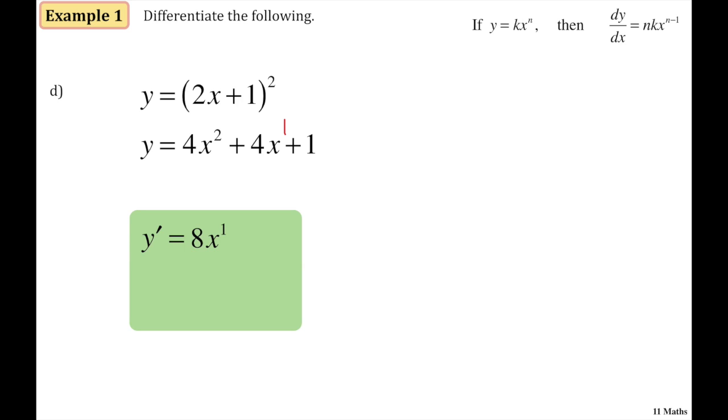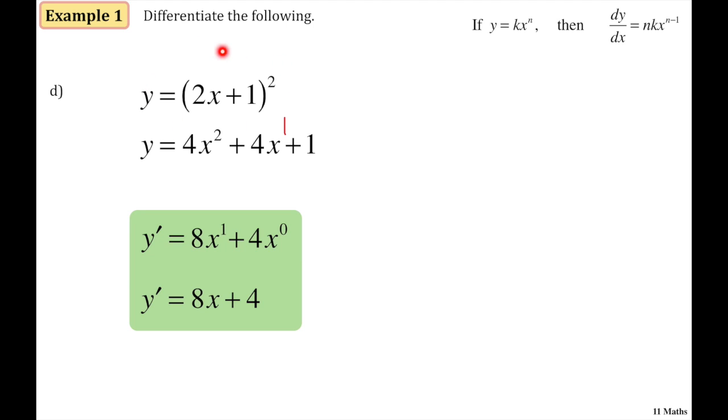We don't normally write it, but there's a 1 there. 1 times 4 becomes 4x to the power of 0. The 1 on the end, we said that if it's a constant on the end, there's no x part, so we get 0 as our derivative. Let's just tidy that up. It becomes 8x plus 4, because x to the power of 0 we know is 1, and 4 times 1 is 4. So example D was fairly simple once we took into account that we had to expand the brackets out.